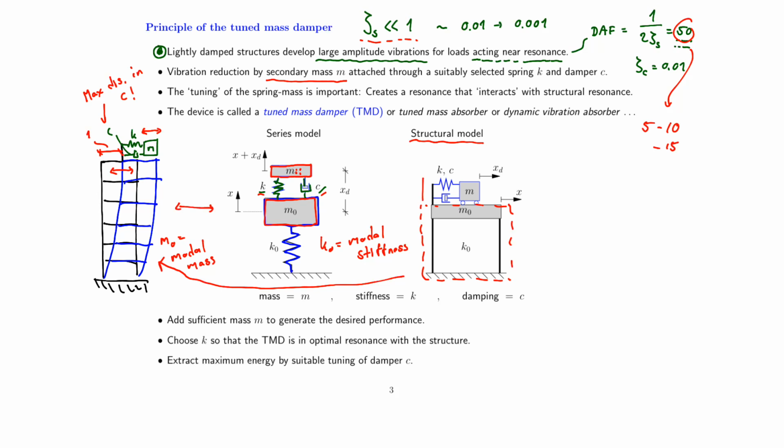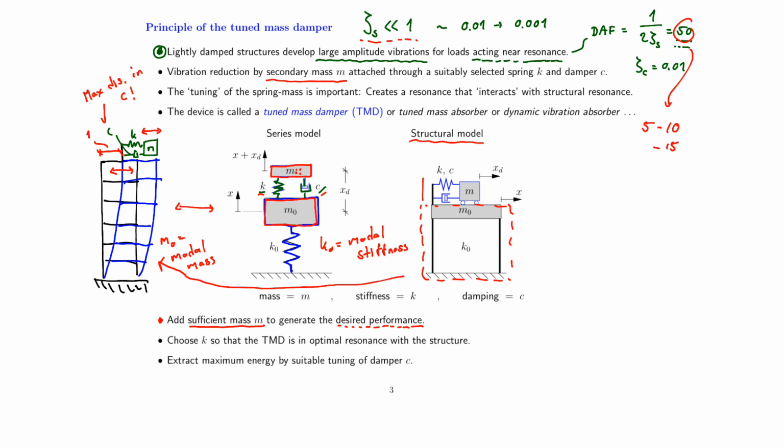So the tuning principle is given by the 3 bullets at the bottom of the slide. First, choose your absorber mass, and choose sufficient mass to generate the desired performance. We will have some design formulas at the end of this lecture that enable you to choose M to get the desired performance.